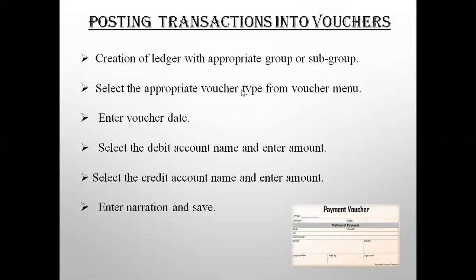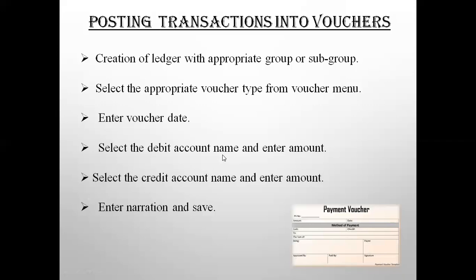So when you select the voucher type payment, then the next step will be to enter the voucher date. Press the key, the date option will be there. You will be putting the date of the transaction. Then you have to select the debit account name, which is already created here. Salary account, that you have to select from the list.